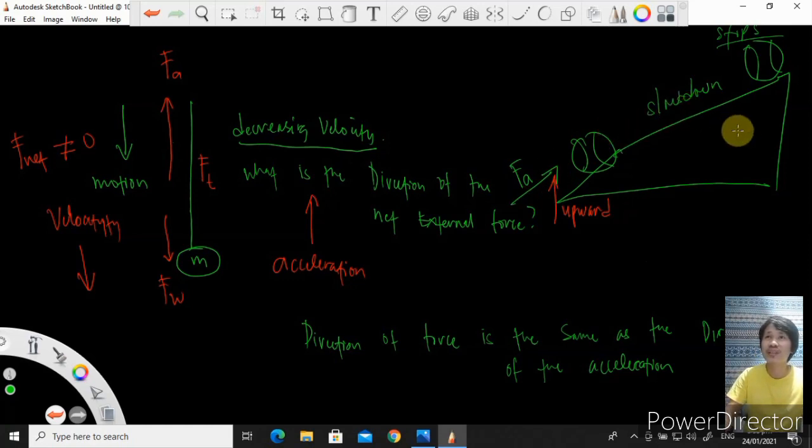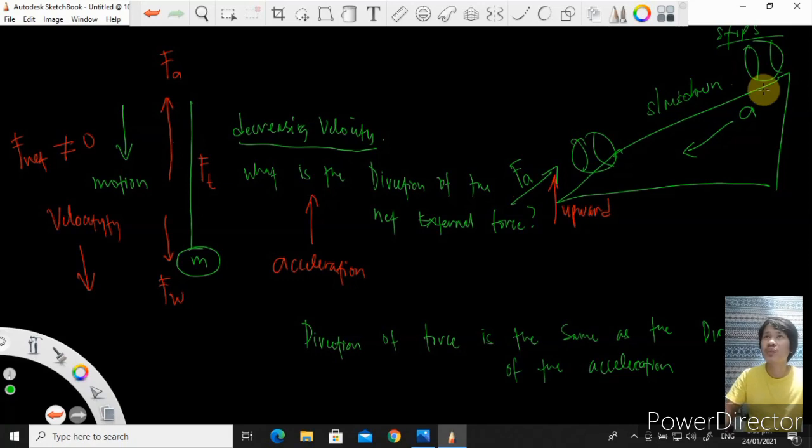So, acceleration, downward. So, ito bang F sub A ba? Ito ba yung net external force? O, hindi. Hindi ito yon. Ito yung isang force lang, applied force, pero hindi ito yung net external force. The net external force will probably be the force of weight of this ball. Okay ba yun?